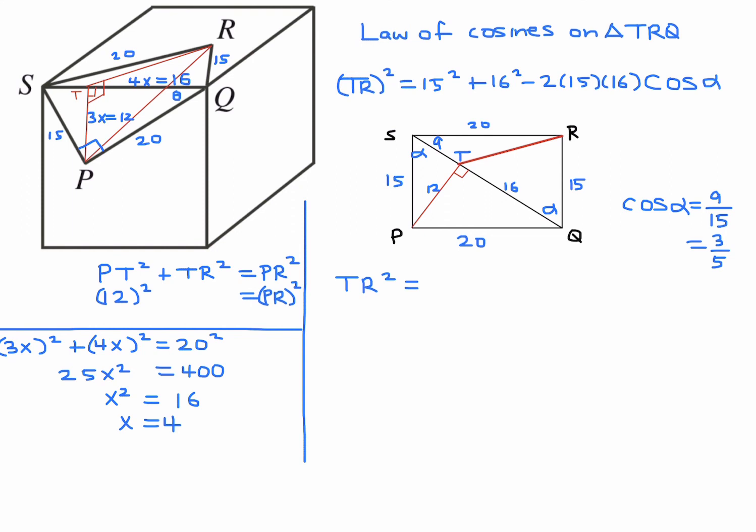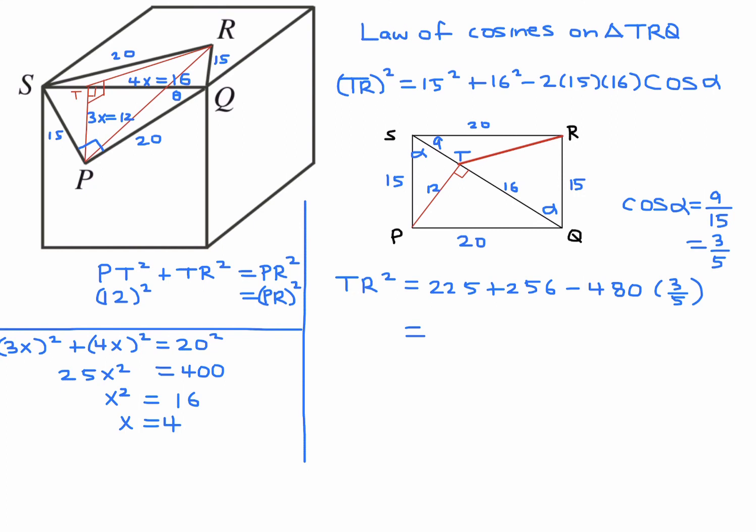TR squared, therefore, would be 15 squared, 225, plus 16 squared, 256, minus 2 times 15 times 16, 480, and then the cos of alpha, which is 3 over 5.